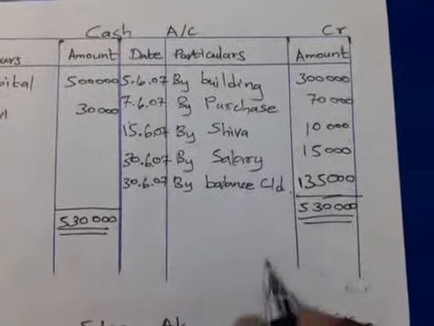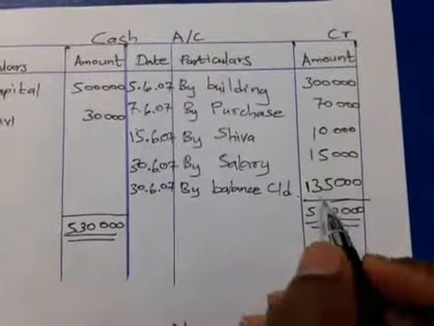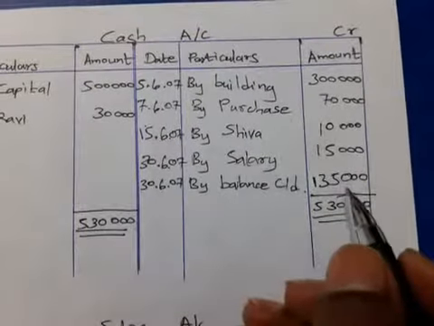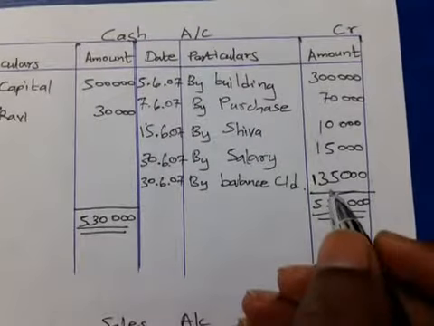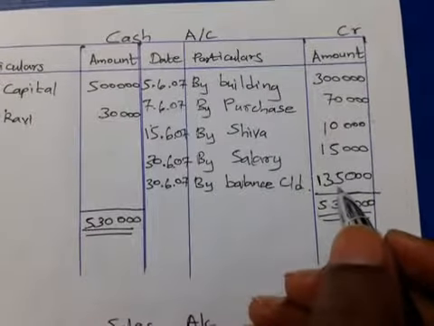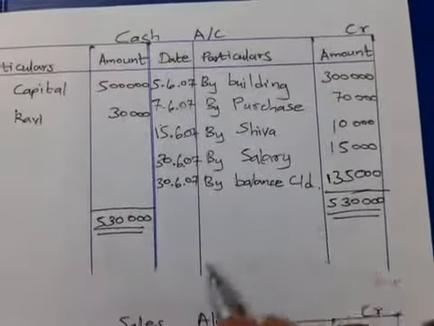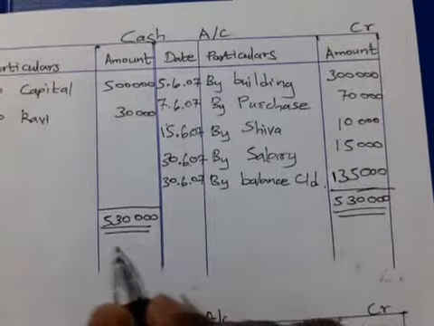After balancing the amount, we get one amount on the debit side or the credit side. Whichever amount we get as the balance, we have to carry down that amount to the next financial year.